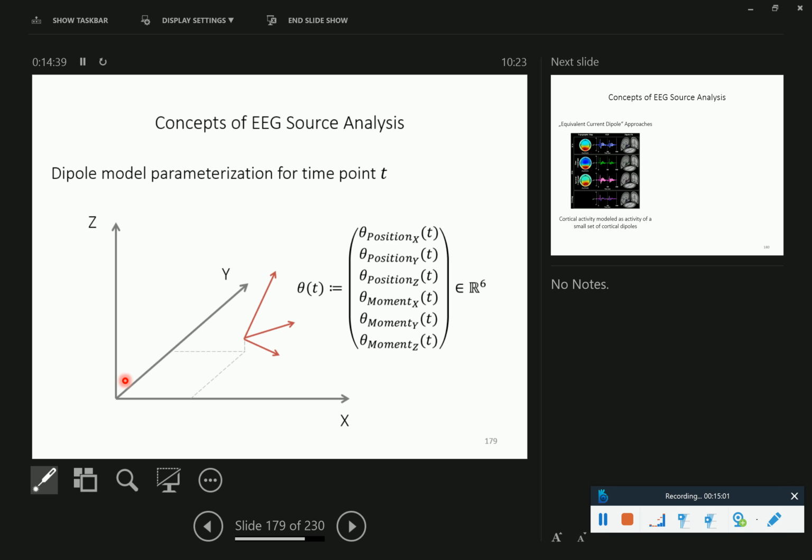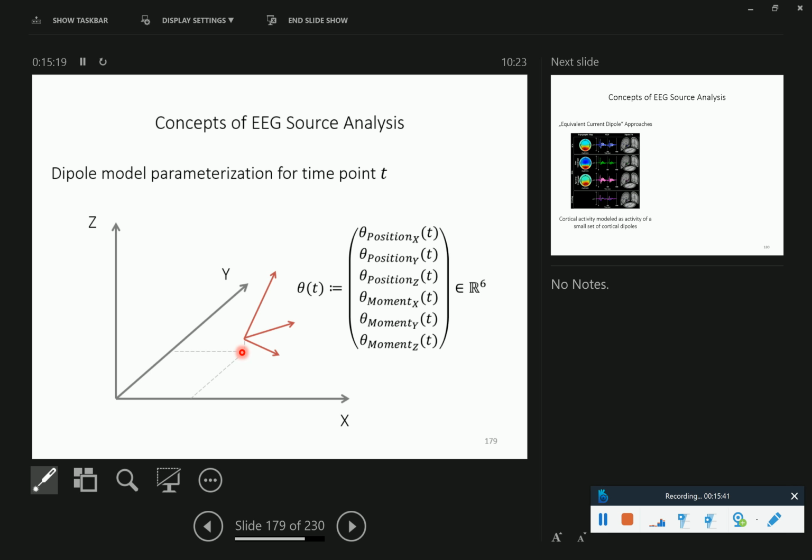So an activity within the brain, and this is now the parameterization of the dipoles that we learned about in terms of pyramidal cells, is described by 6 values, 3 of which are the position. That's essentially where the activity is located in 3D space. And 3 others of which are the moments in X, Y, and Z direction.